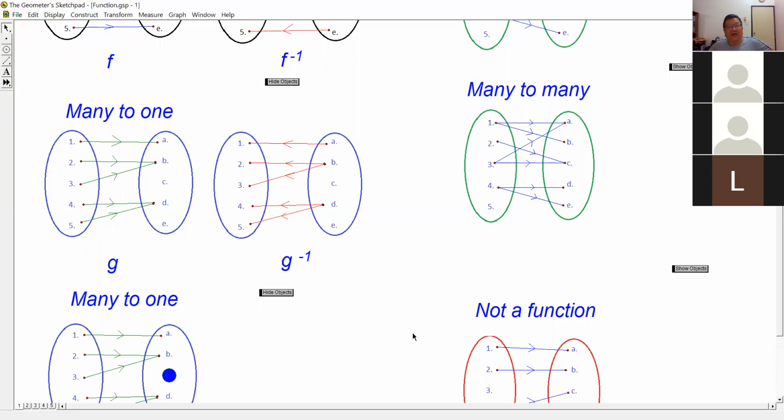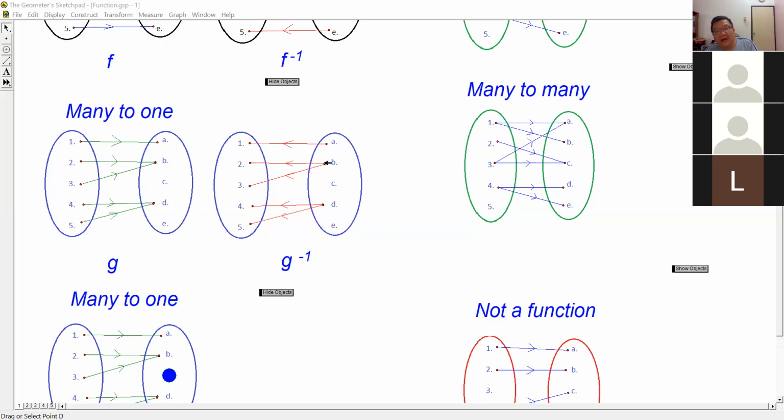The G inverse, does it satisfy the condition to be a function? Yes or no? The inverse for G, the G inverse, is not a function.